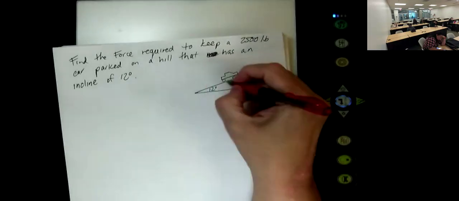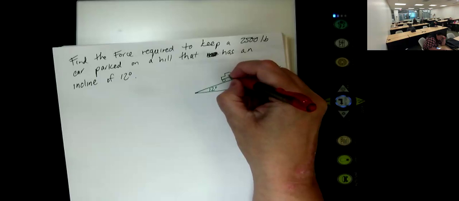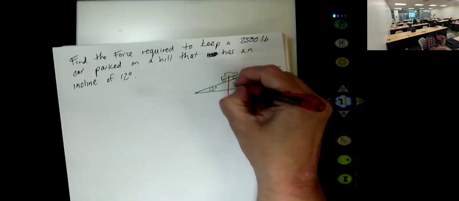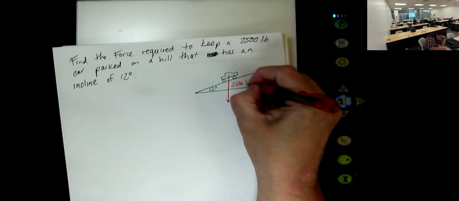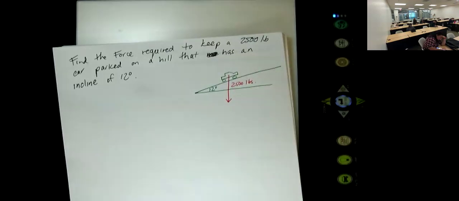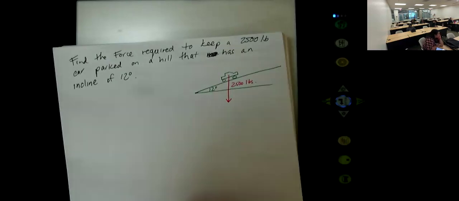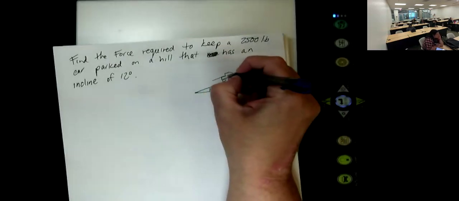The 2,500 pounds is pointed this direction. It's based on gravity, and gravity's down, really inward, but we picture it as downward. Now, if I didn't have the parking brake on, what direction does this car want to go? It would roll this way.